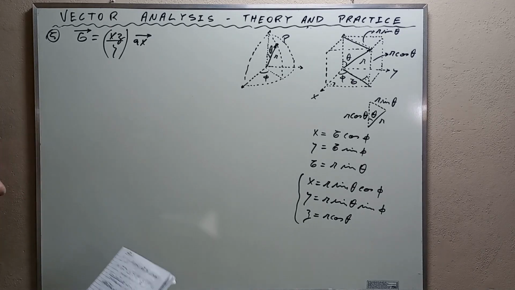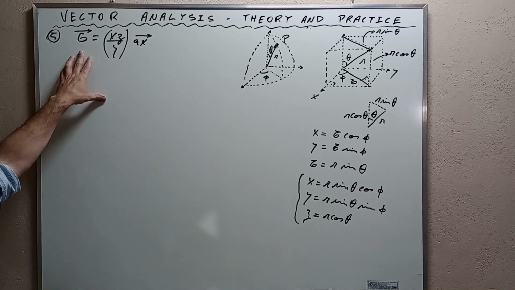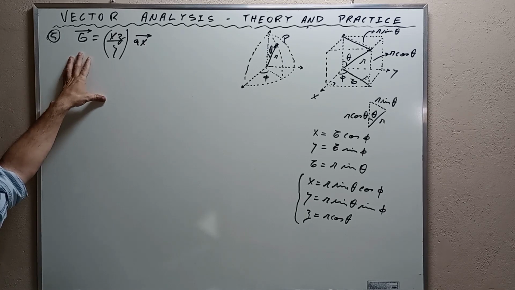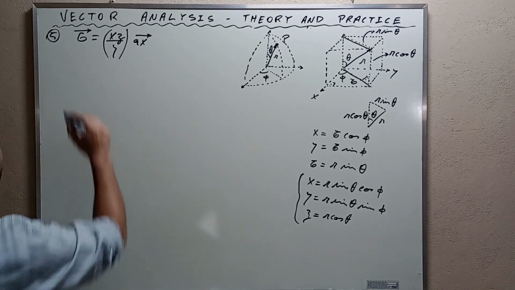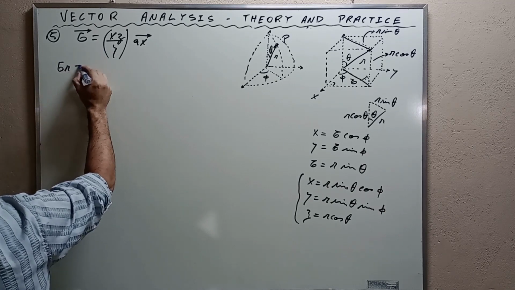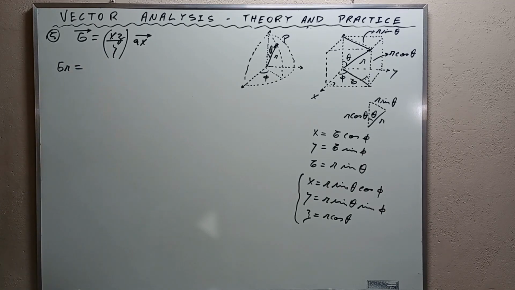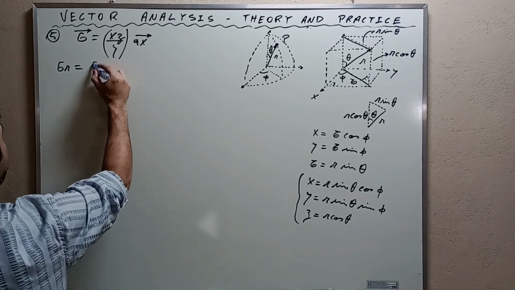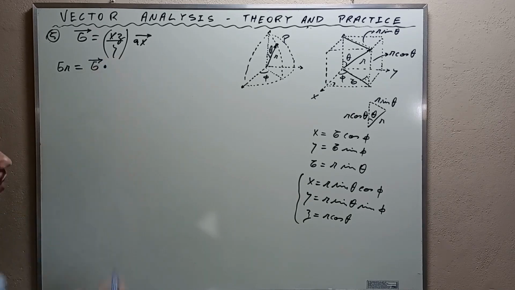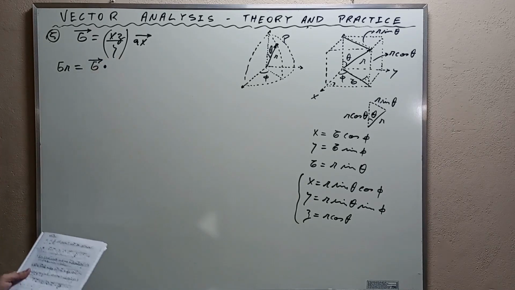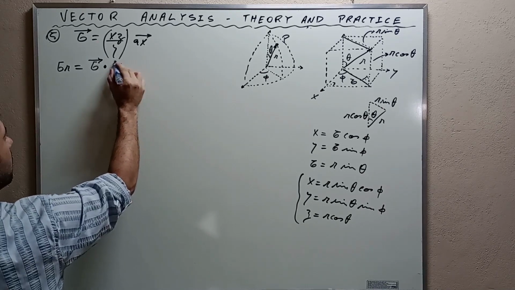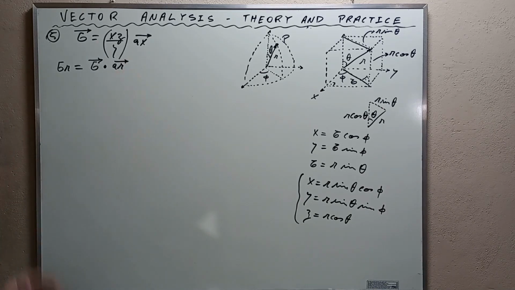And if we want the component of this vector field in the r direction, we are going to multiply it using the dot product in the r direction. In this way, the component of g in the r direction is going to be g, the vector, in a dot product with the unit vector in the AR direction, okay?